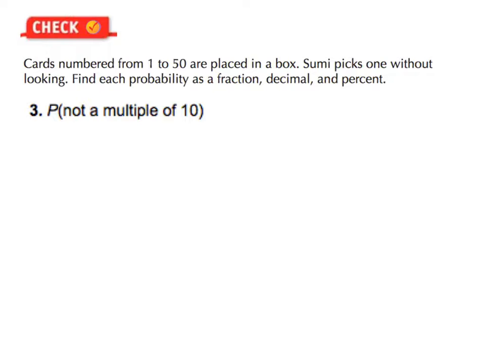Let's look at this. Cards numbered from 1 to 50 are placed in a box. Sumi picks 1 without looking. Find each probability as a fraction, decimal, and percent. Probability of picking up a card which is not a multiple of 10.